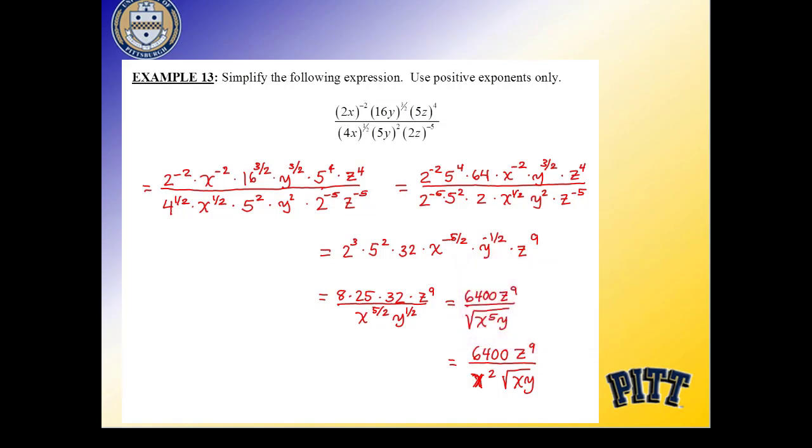Again, that depends on the situation though, because some textbooks and some mathematicians, or whoever you're talking to on a given day, wouldn't consider a situation where I have a radical in the denominator to be simplified, because radicals in the denominator are something they don't usually like. They usually want that rationalized. These would be acceptable answers to me, but you may have other professors say, okay, we have to do another step now. We have to multiply the top and bottom by the square root of xy.